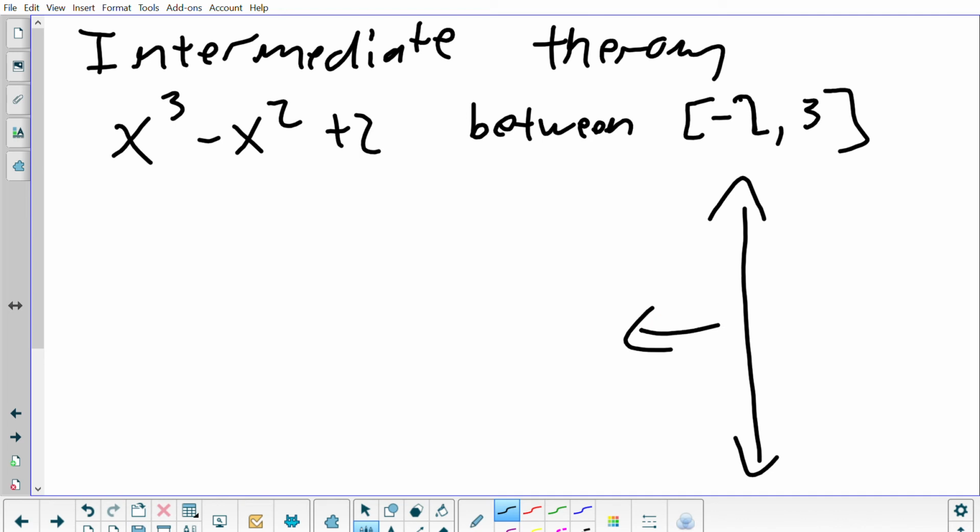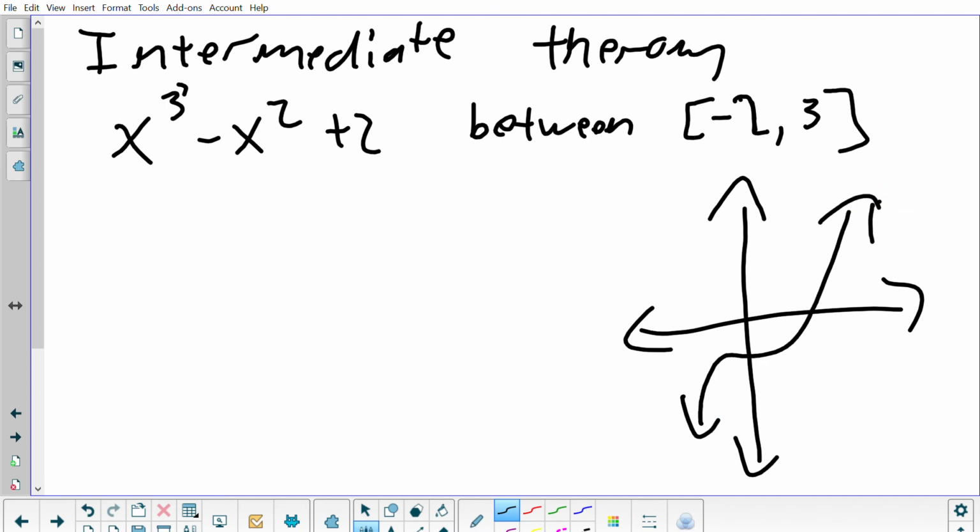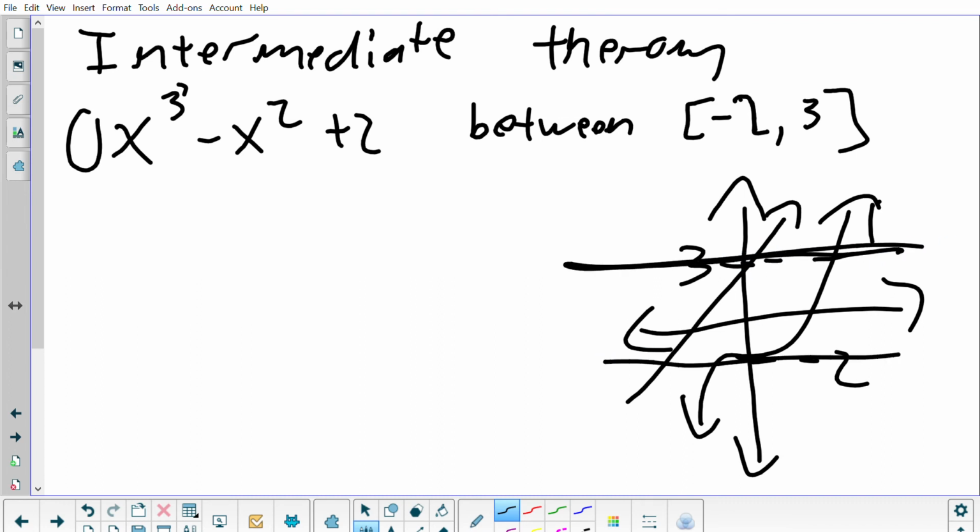The last thing is the intermediate value theorem. All the intermediate value theorem is saying is there is some kind of graph. Because this is a 3, I know it's going to make some kind of squiggle like this. Because a is positive, it's going up. And then they're saying between -2 and 3, if I were to draw lines between those two, does it have a point that crosses the x-axis?